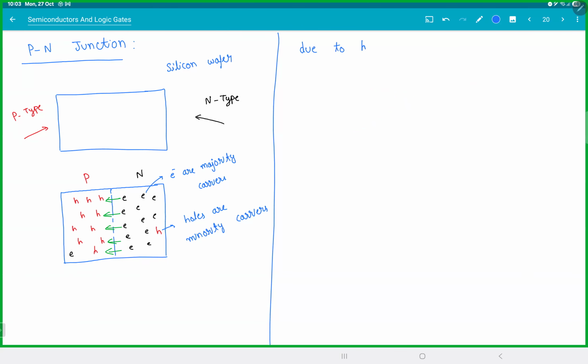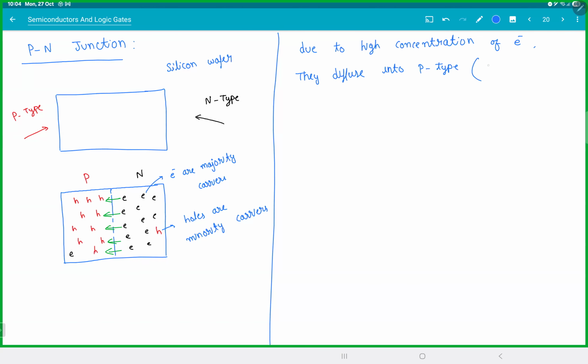So due to the high concentration of electrons, they diffuse into p-type, thereby neutralizing the holes.